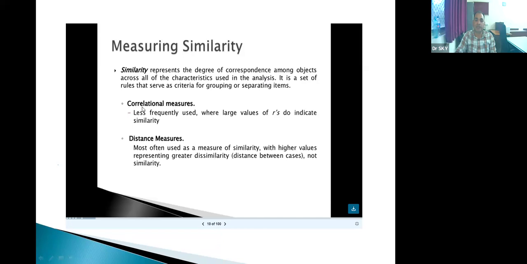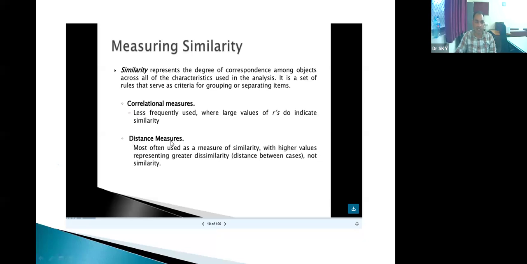One measure is the correlational measure, less frequently used in cluster analysis but very much used in factor analysis, where large values of R, the correlation coefficient, indicate similarity. High correlation indicates high similarity.